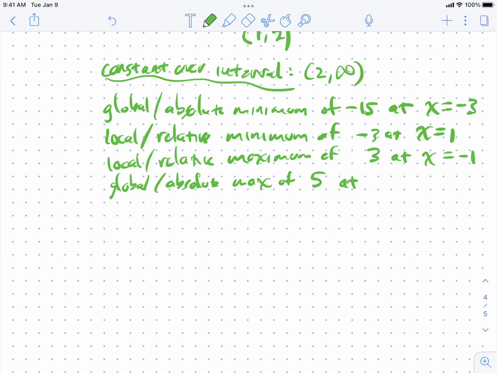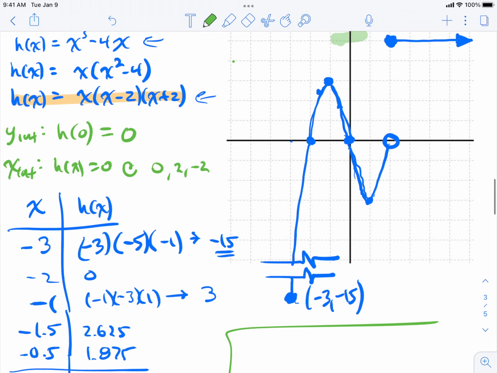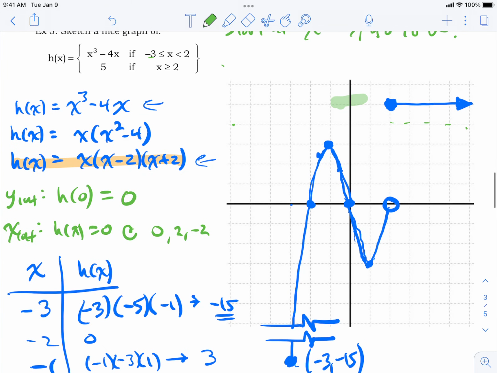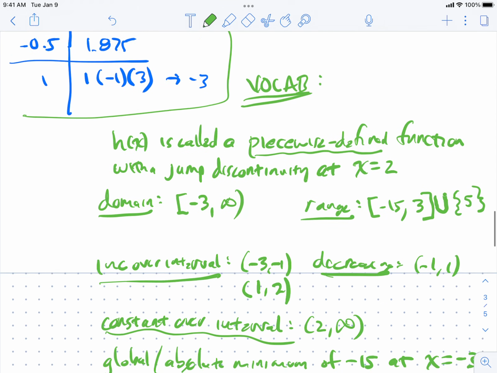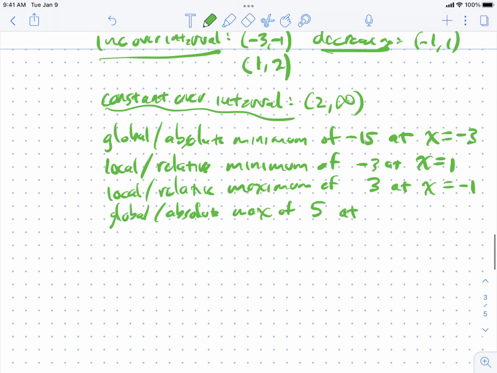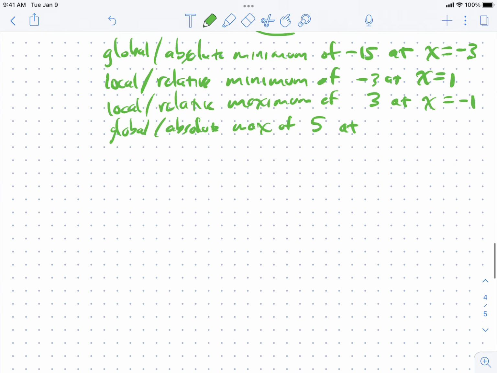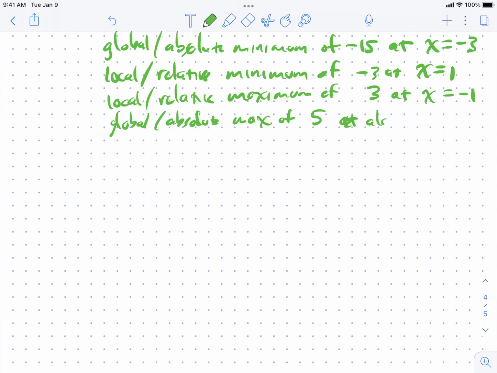But at, it's hard to say at, because it's at all of these values of x. So I'll say along x being from 2 to infinity, something like that. Yeah, because that's telling me that's where the maximum output is. It's in a lot of places. Everything from 2 to infinity, that's where you meet your absolute max.